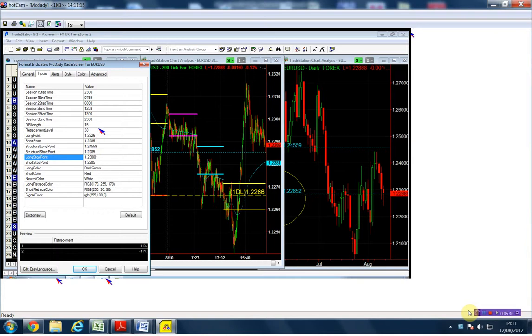So we're going to buy above 123.26. If I do, we have a structural long point at 124.55, and my stop on the long is going to be 123. I'm risking about 26 pips on that trade. On the short side, I'm going to go short below the structure point. It's going to be my short point and my stop. And that is the euro dollar. Let me save that.